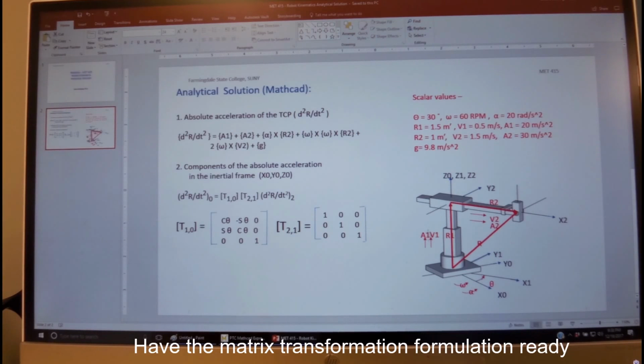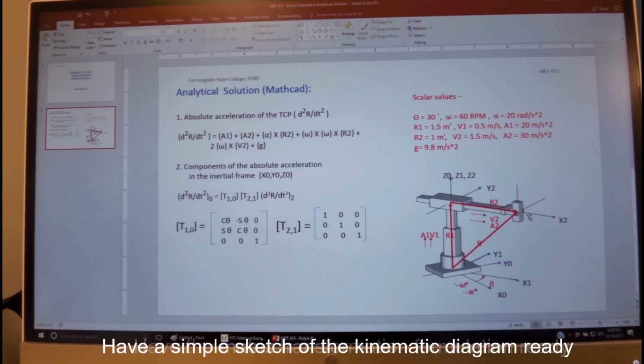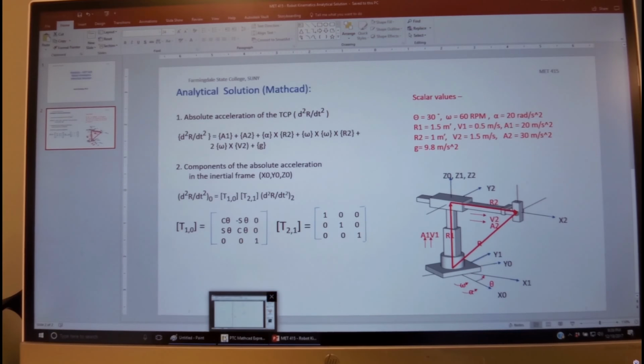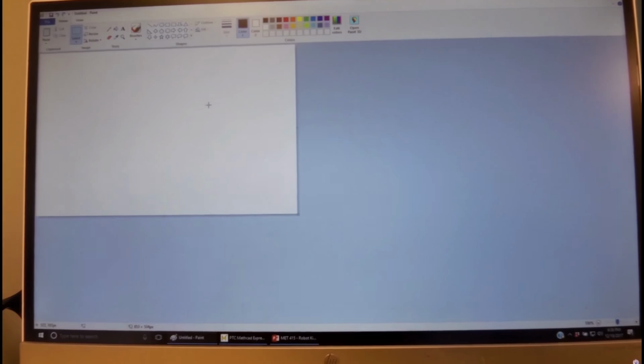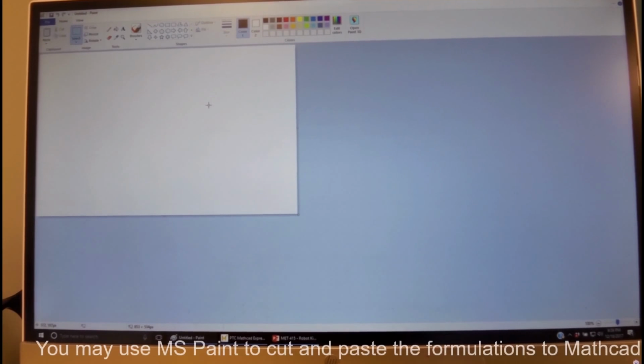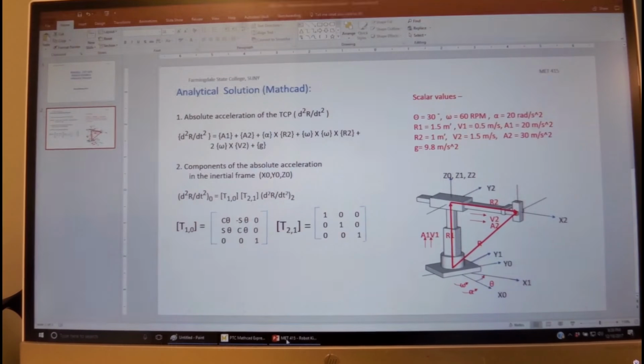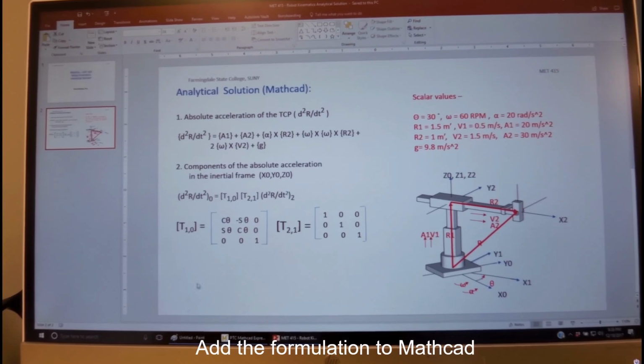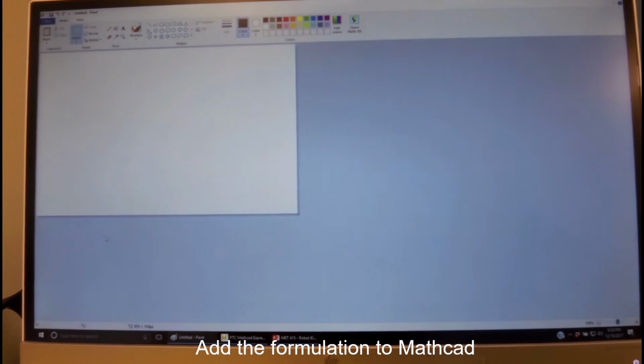I also like to have a little sketch of the diagram so I can figure out, if needed, the directions of the variables. We have also another tool over here, which is Microsoft Paint, that I like to have handy as needed. So the first thing I do is print screen of the formulation.